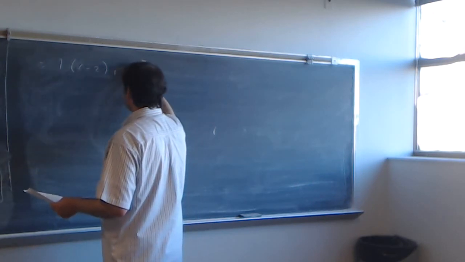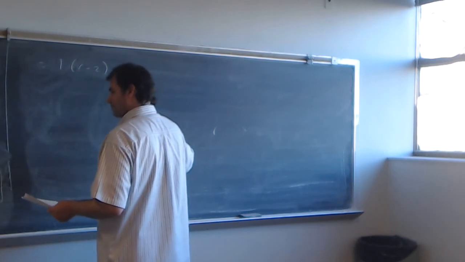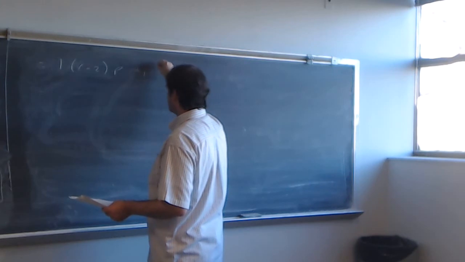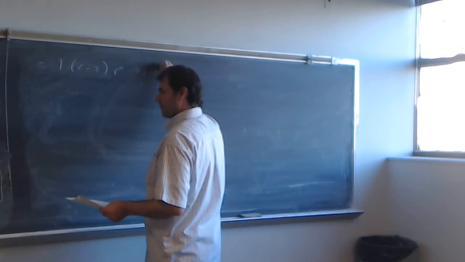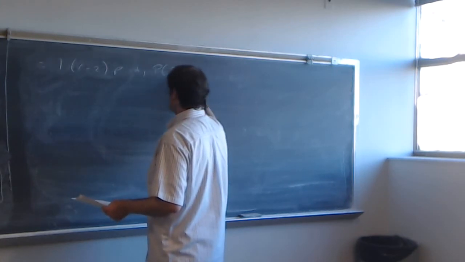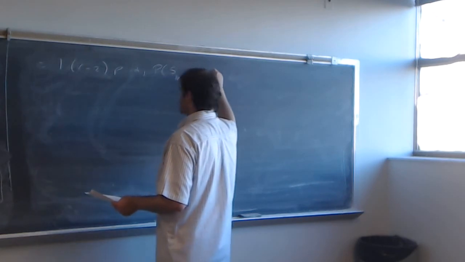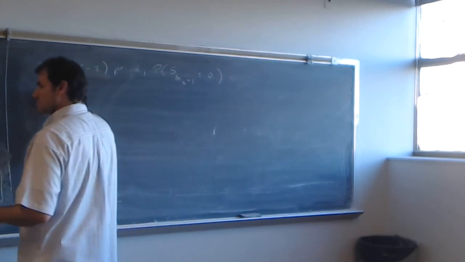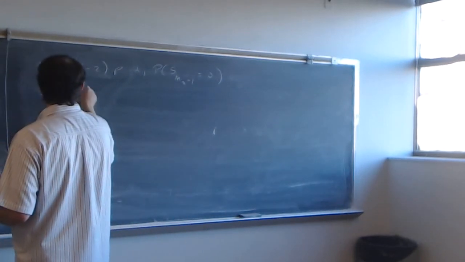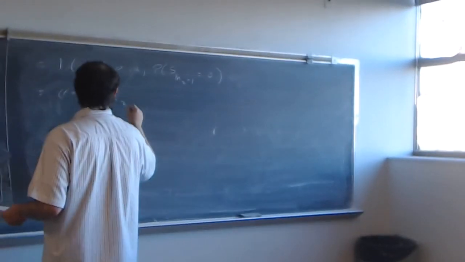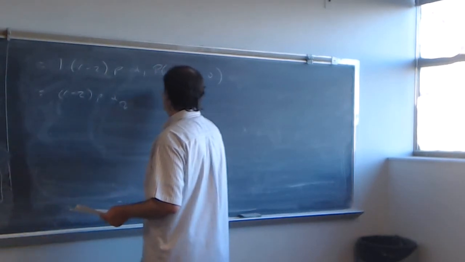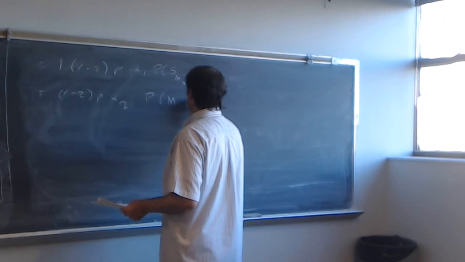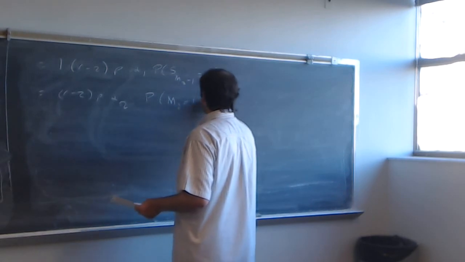That's going to be 1 times alpha sub 1, so alpha sub 1 times the probability that S of M sub 2 minus 1 is equal to 0. That's equal to r minus 2 times p times alpha sub 2. Here, this is the probability that M sub 2 minus 1 is equal to 0.